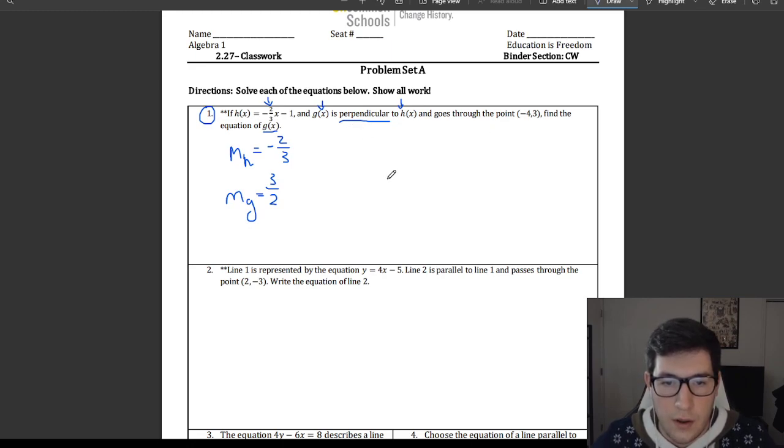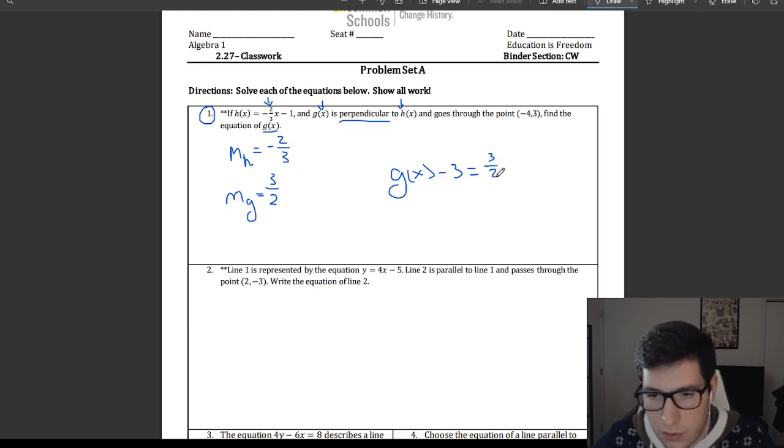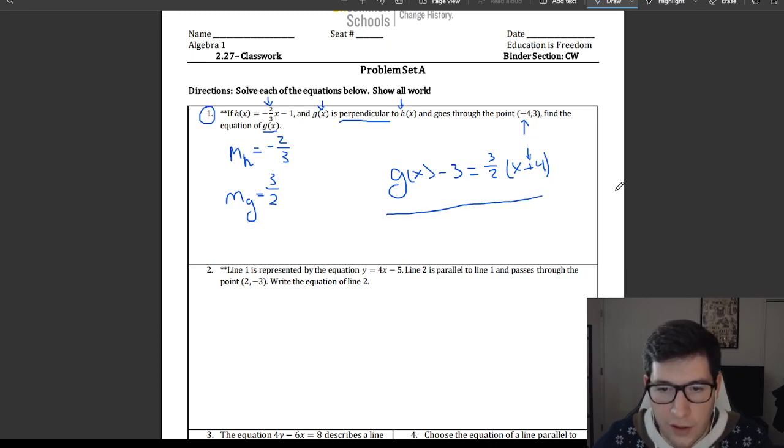So I have that g of x minus 3 is going to be equal to 3 over 2 x plus 4. Again, notice that this is a positive because that is a negative. And that's it. That's the lovely equation of my line. I don't have to go any further. Again, we write g of x in place just like we would with y. So we have that g of x minus 3 is going to be equal to 3 over 2 times the quantity of x plus 4.